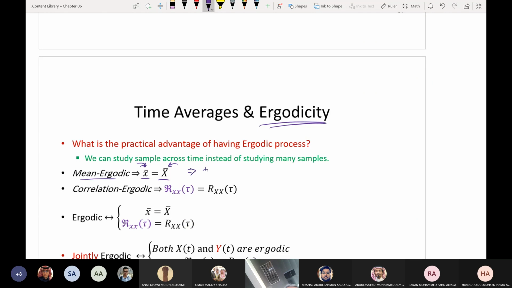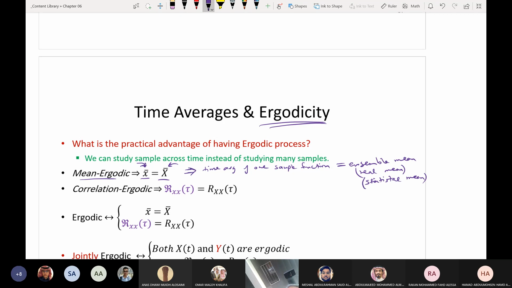So basically the time average of one sample function equals the ensemble mean, our real mean, our statistical mean, whatever you call it, المين الحقيقي أو statistical mean.